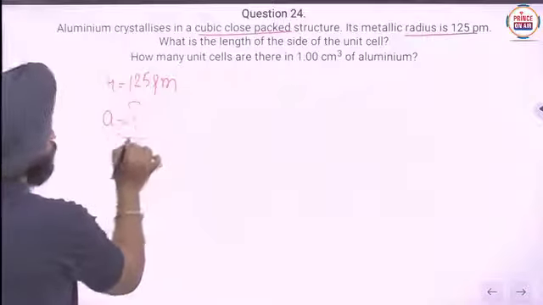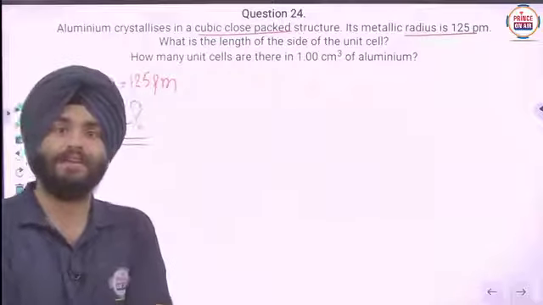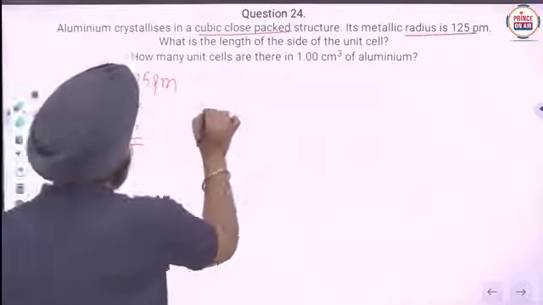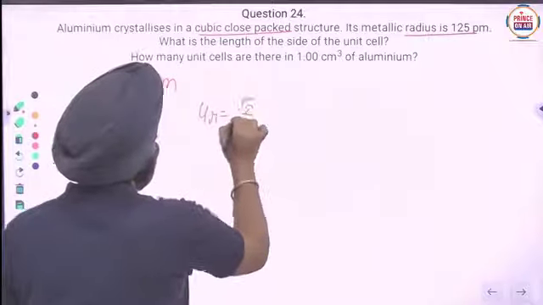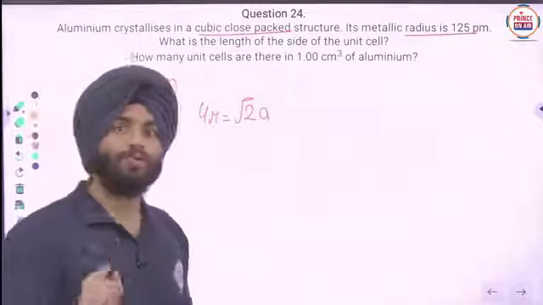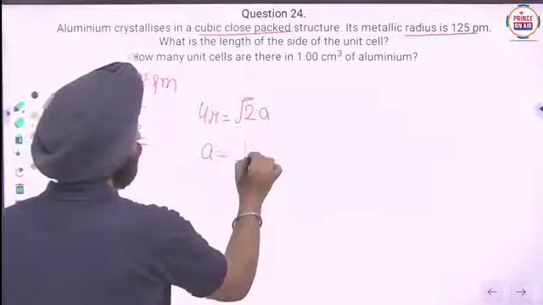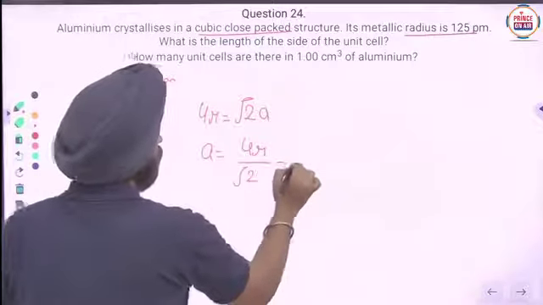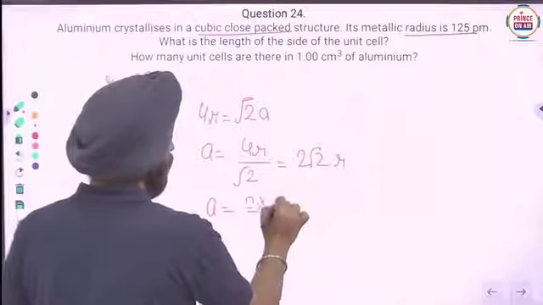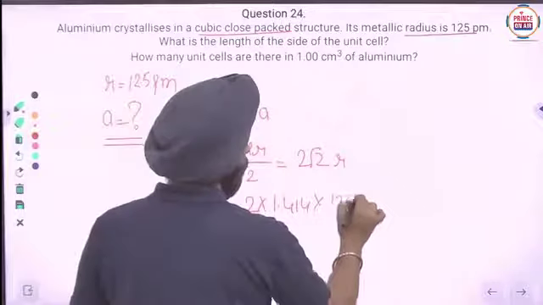That same question we have just done now. So, what is the relation between R and A? Tell me the relation between R and A here. That is 4R equals root 2 A. Clear? So, here we have to calculate the value of A. It will come out to be 4R upon root 2, means 2 root 2 R. A equals 2 into 1.414 into R, which is 125 picometer.